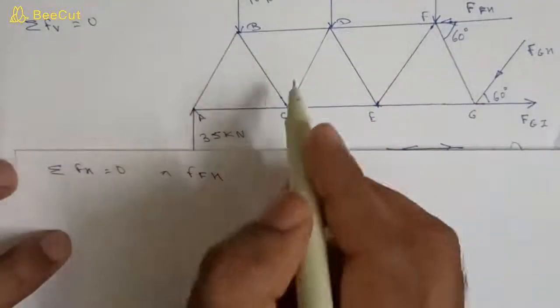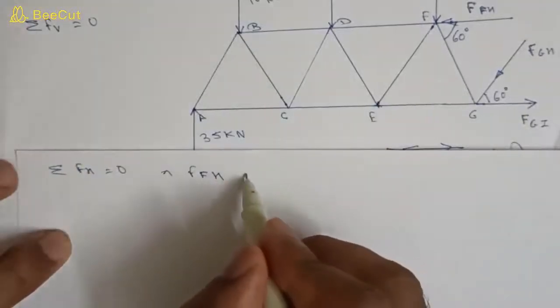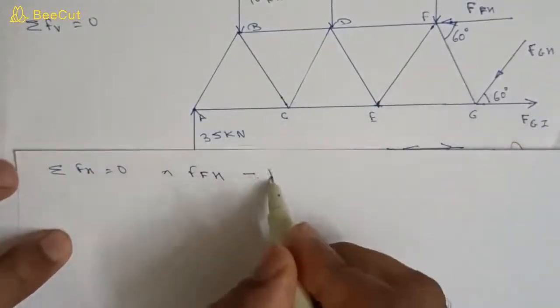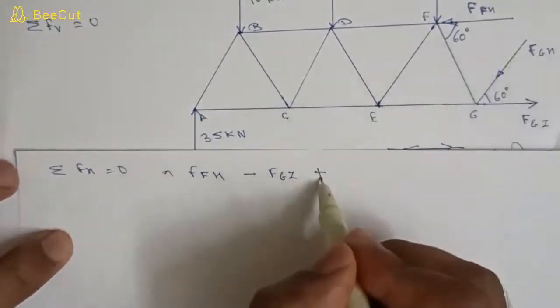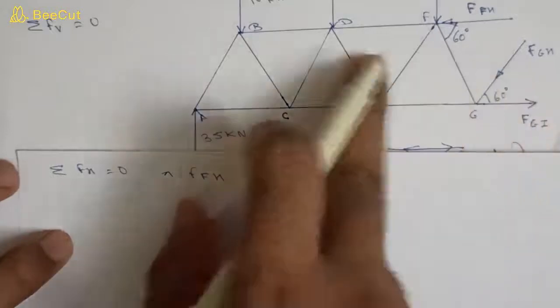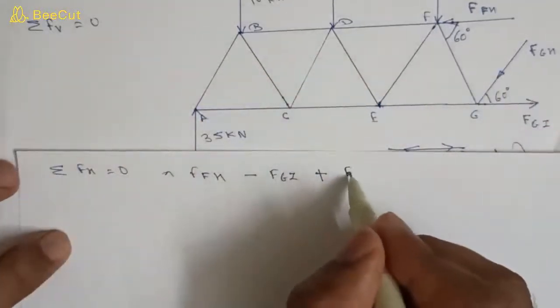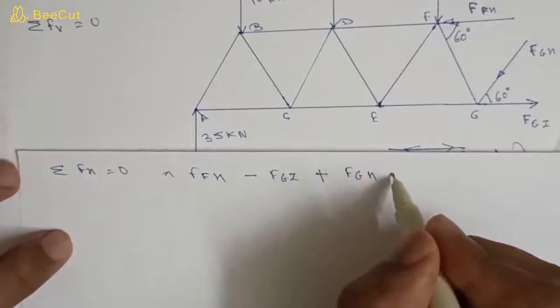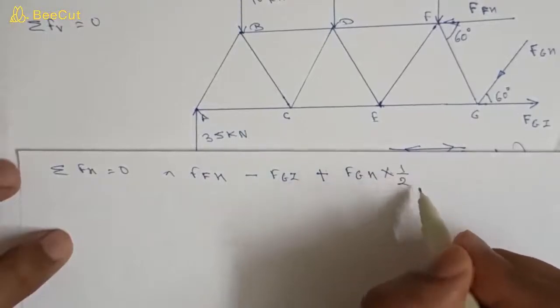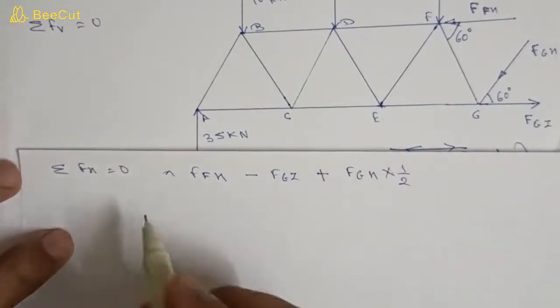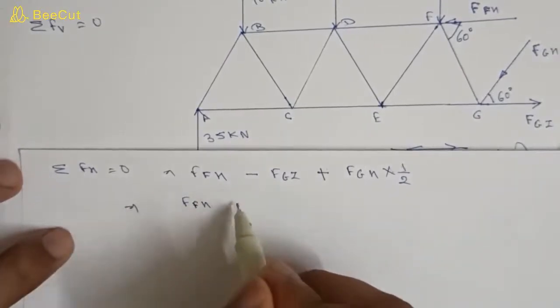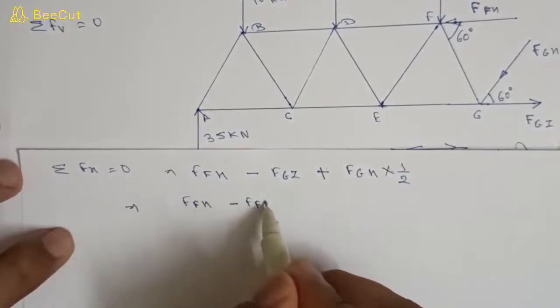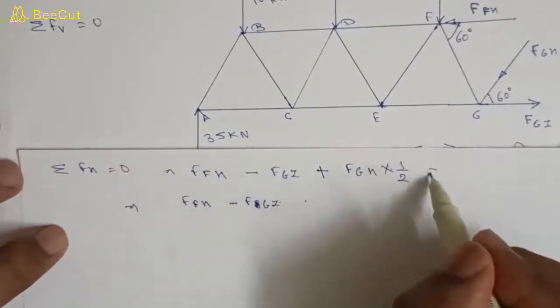Suppose this direction is positive, then FFH minus this FGI, minus, there will be plus, its horizontal component will be in this direction, it will be FGH into cos 60. So cos 60 will be 1 by 2. Okay, so we can write here FFH minus FGI is equal to 0.